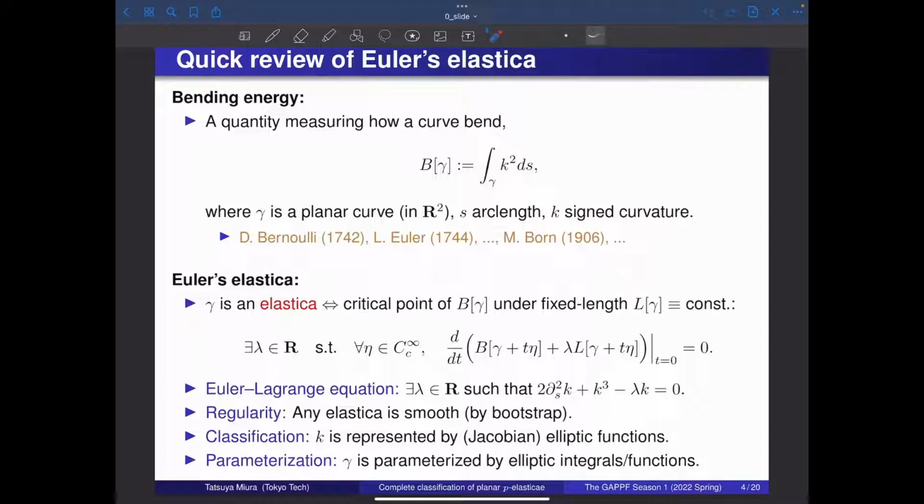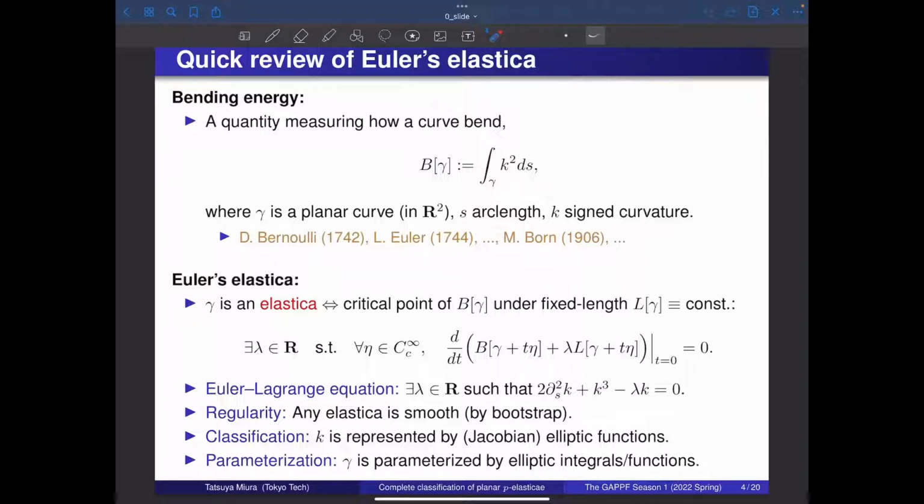And this condition is known to be equivalent to the existence of a multiplier lambda such that in the direction of any smooth and compactly supported vector-valued function eta, the first variation of the functional B plus lambda L vanishes. This is due to the standard multiplier method.